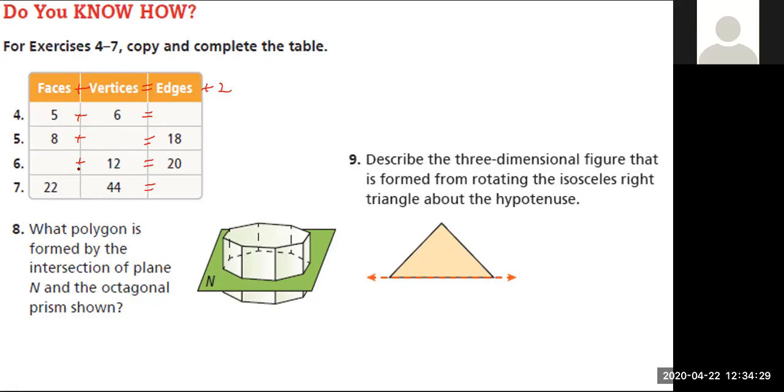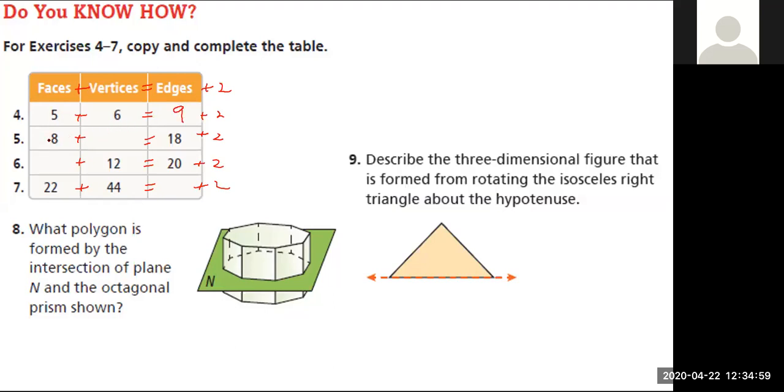Plus, plus, plus, plus, always equals, plus 2, plus 2, plus 2, plus 2. So as I go through this, I have 5 plus 6. That's a total of 11. 11 is not my answer here, though, because this is going to be number of edges plus 2, which would have to be equal to 11. So what number plus 2 would give you 11? 9. So there's 9 edges.